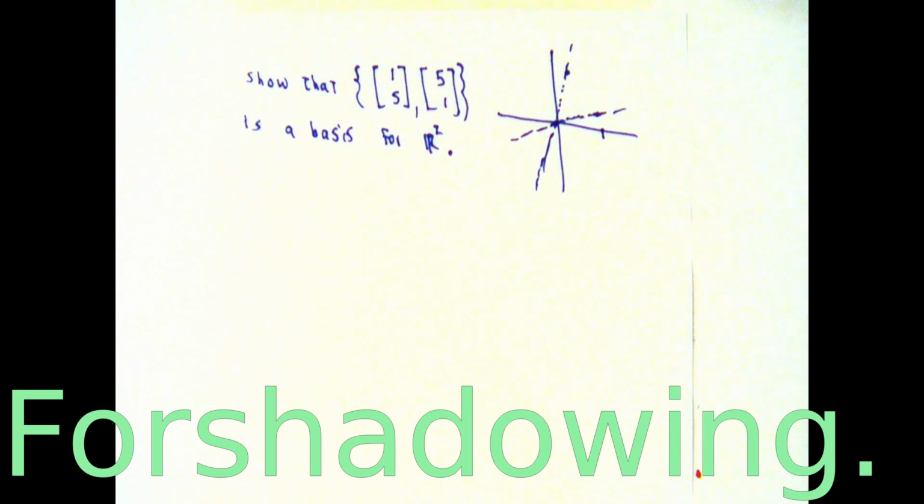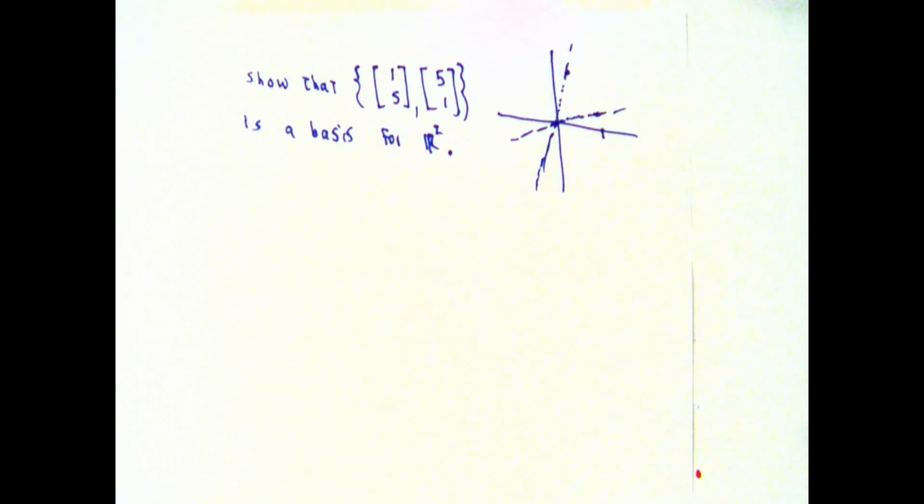If I draw the straight lines that these 2 vectors will point along, it's kind of reminiscent of a space-time diagram. We'll talk more about that later. Right now, I want to show linear independence and the span R2 business.